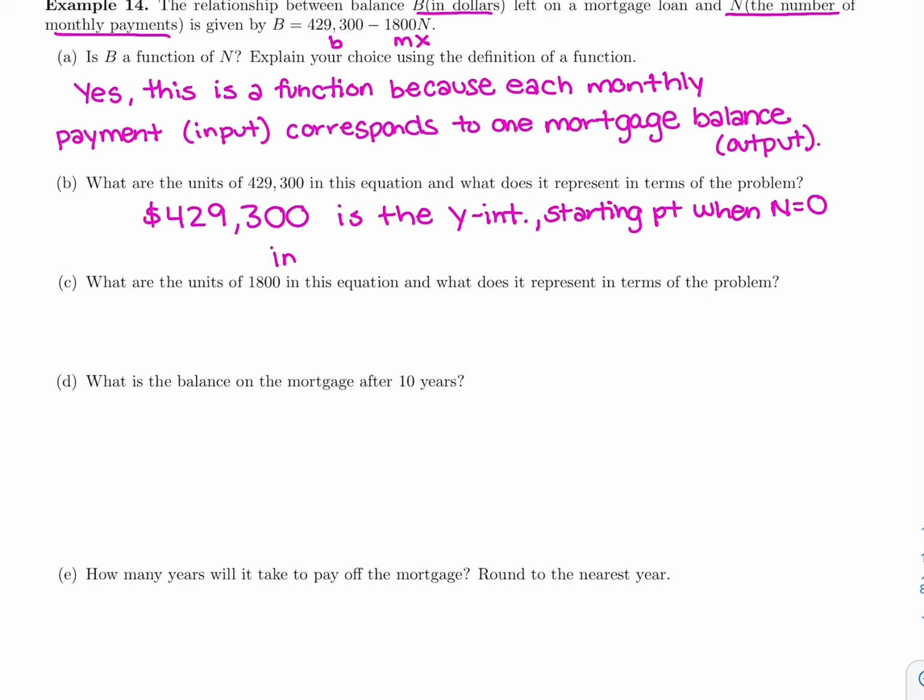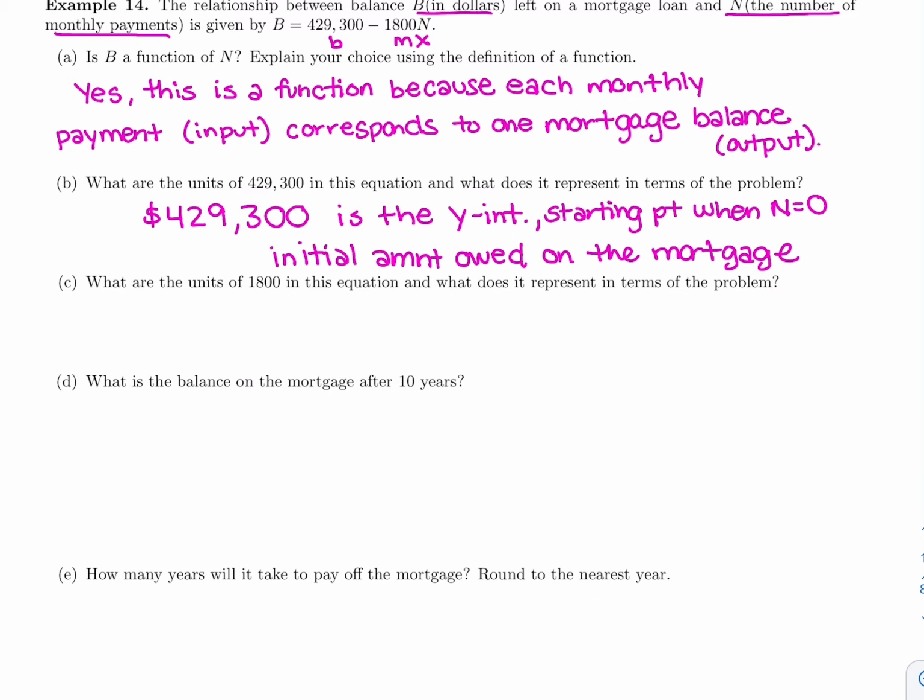It's the initial amount owed on the mortgage. The mortgage is starting off at $429,300, and every month it's going to go down as we make more and more payments. So there's our initial amount owed. Because our y-intercept, that's our starting point. When n is 0, when we have made 0 payments, we owe $429,300, and as we make more and more monthly payments, it's going to go down from there.